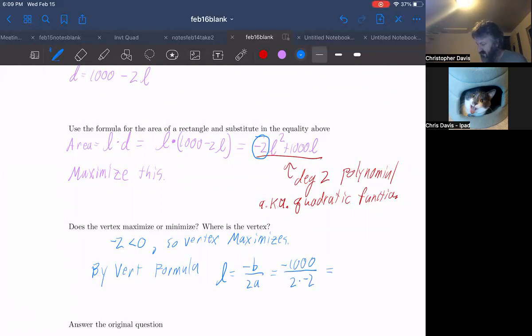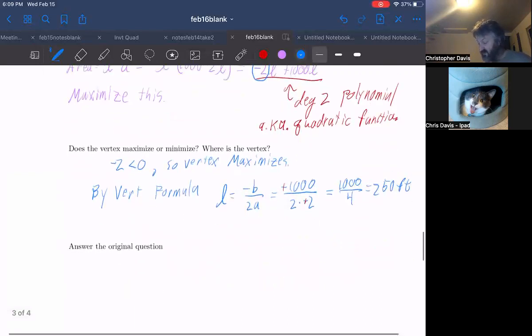The negatives cancel. That's 1,000 over 4, also known as 250 feet. So the optimum choice of L is 250 feet.